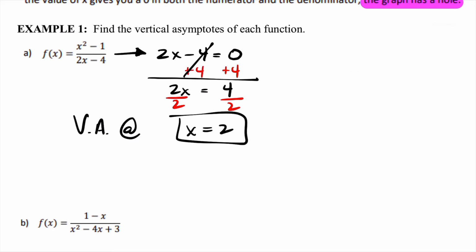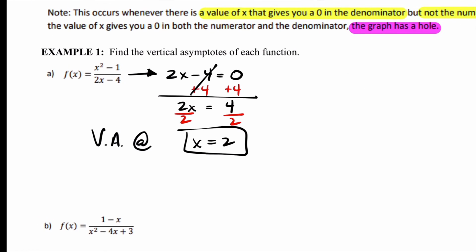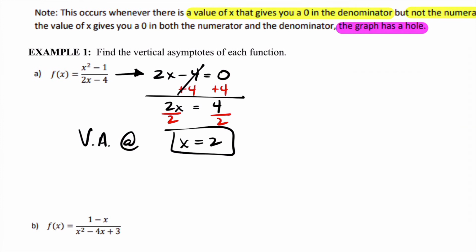Yes, why? If you plug it into 2x minus 4, then it's equal to 0. Yep, if you plug it in on the bottom, you get a 0. I agree, 100%. But the actual answer is, I don't know yet. Why don't I know yet?